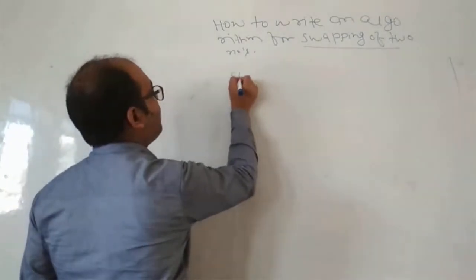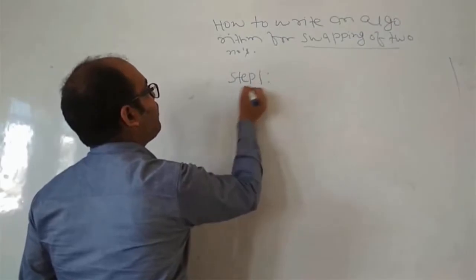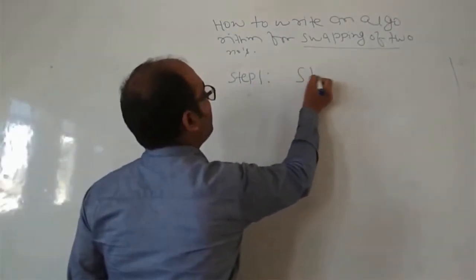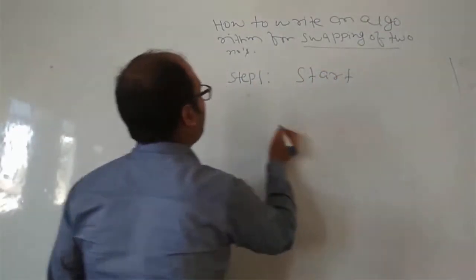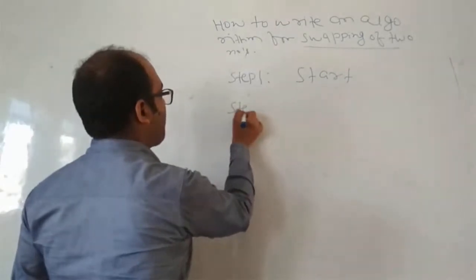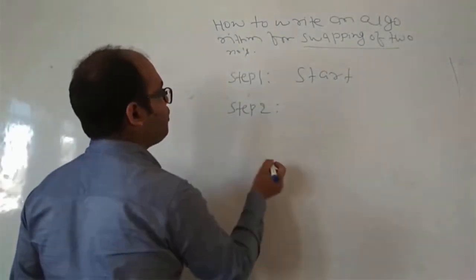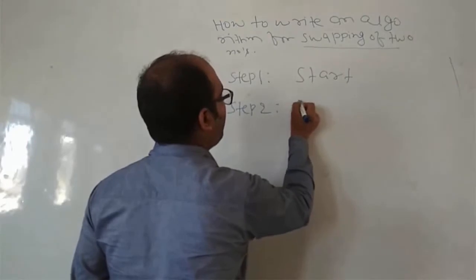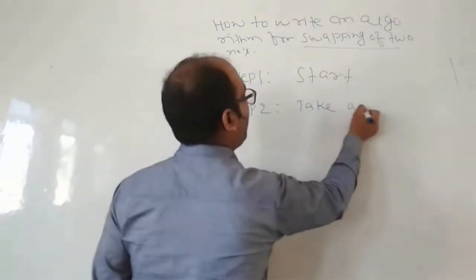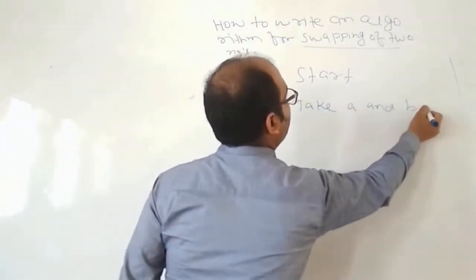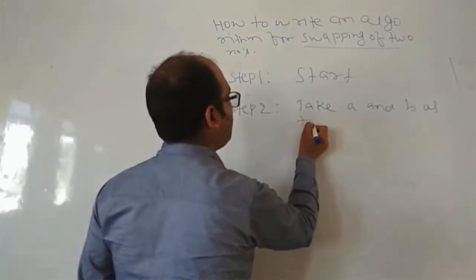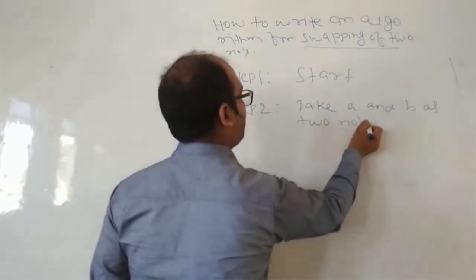So how we will write the algorithm for swapping of two numbers? Step 1. Every algorithm starts with start. So write start. Then step 2, we have to take two numbers, A and B as two numbers.